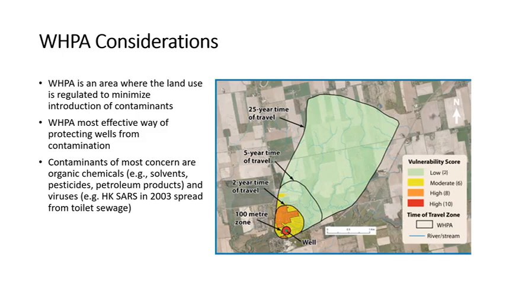And WHPA is the most effective way to protect your wells from contamination. And the typical contaminants of concern are your organic chemicals like solvents, pesticides, and petroleum products, and also viruses.